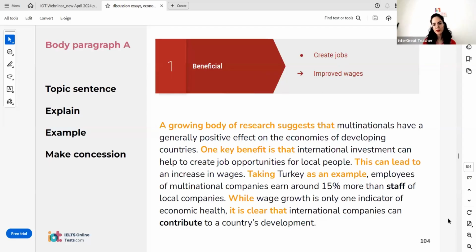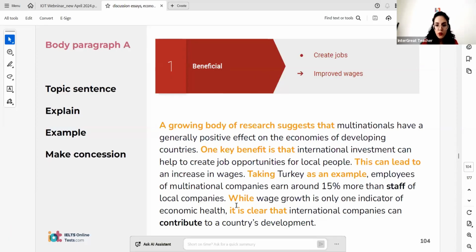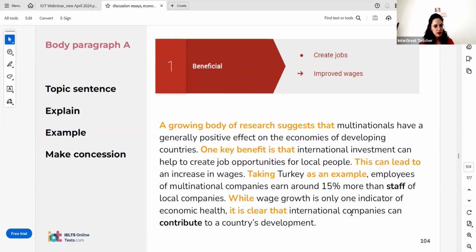I'm saying that my paragraph is about the effect being beneficial. So while wage growth is only one indicator of economic health, what is the other side? International companies can contribute to countries' development. You see that my counter, that is this second part of the sentence, is in line with my paragraph.